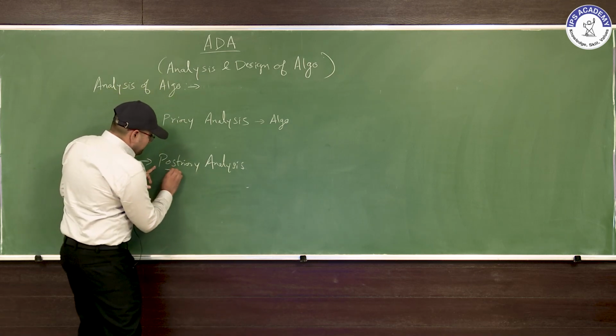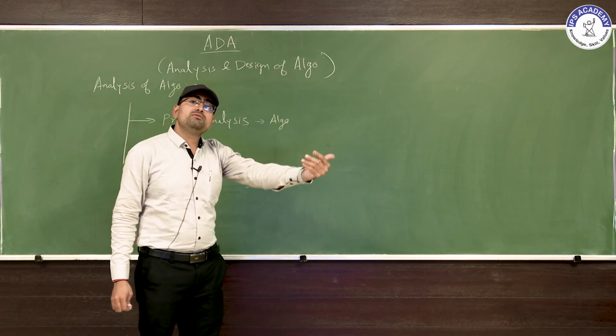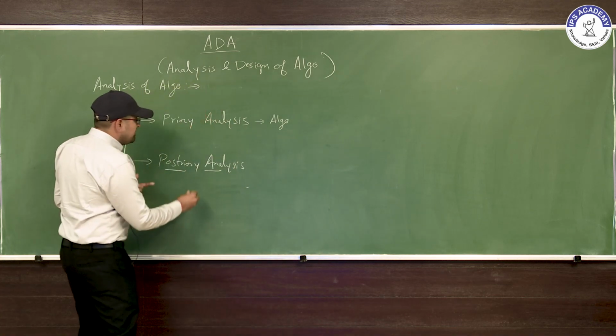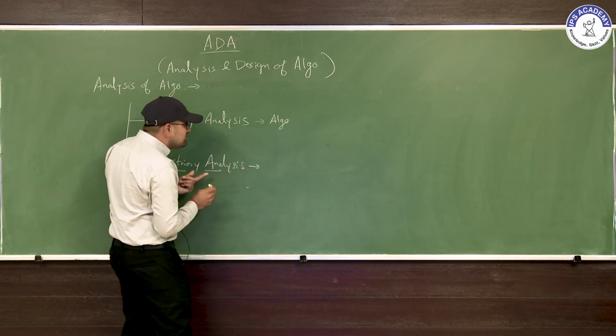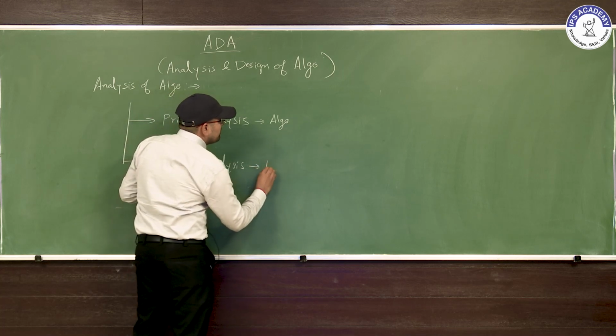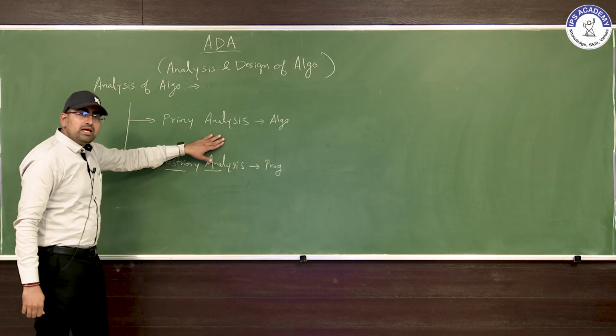And posteriori analysis is something that we perform after the development of the algorithm or program we have designed. This is generally used for programs. So if we talk about algorithm, then we go for priori analysis.